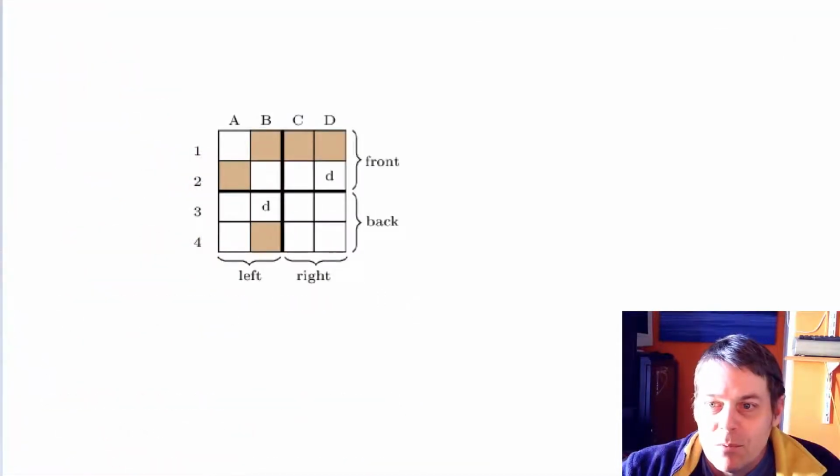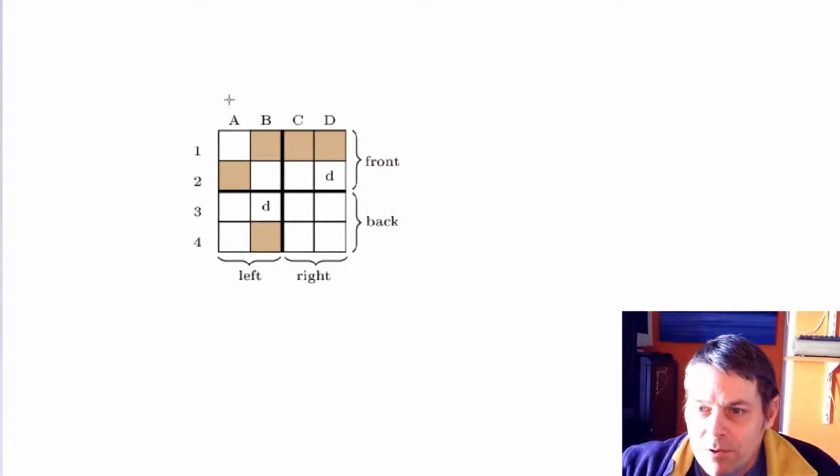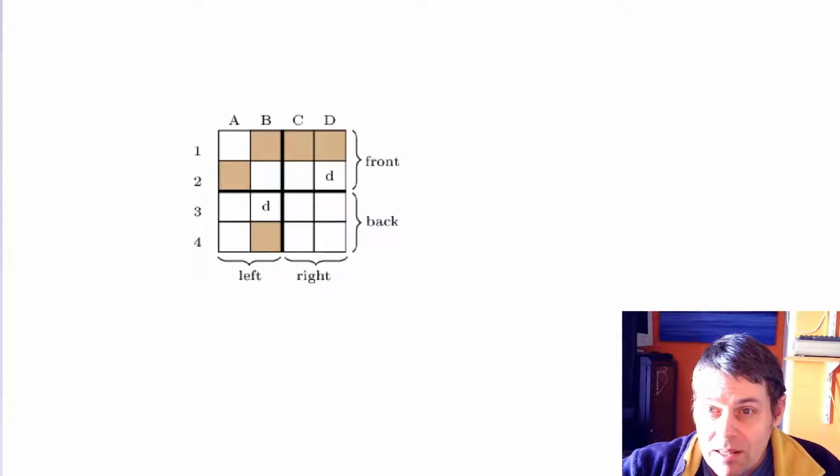Okay, so next I want to add methods in the raft to work out how many dwarfs we can seat, and the first thing I'm going to do is work out the maximum number of dwarfs that we can seat in each section. So in this example, in the top left we could seat 2 dwarfs.